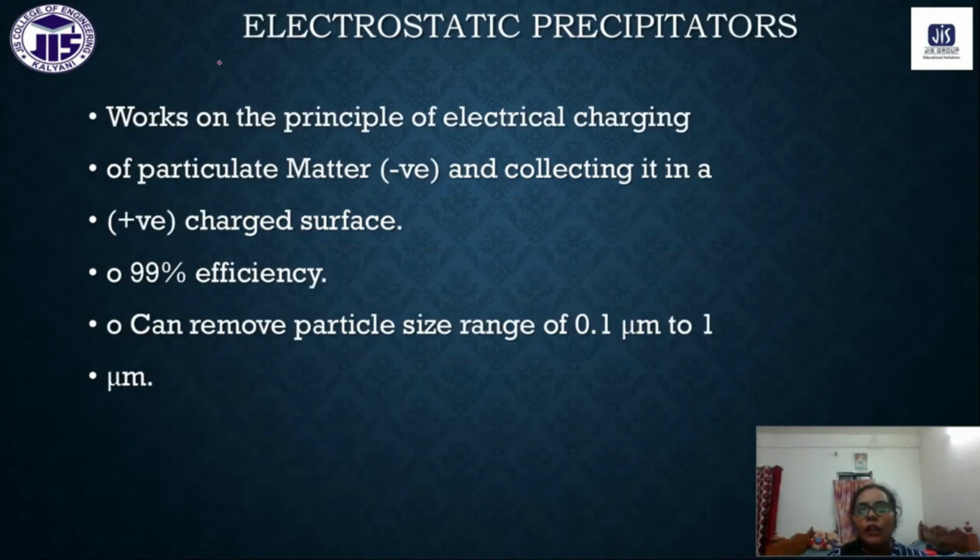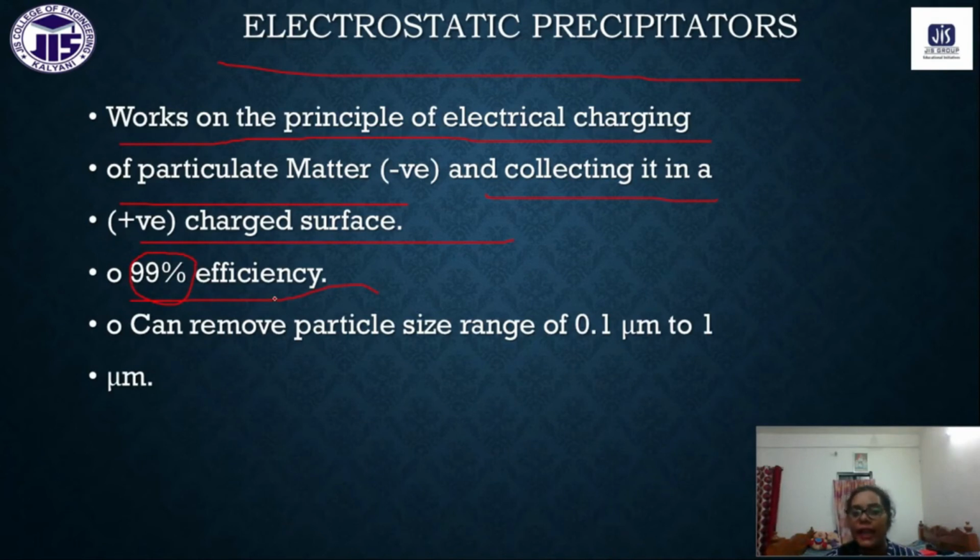Okay, now we have the electrostatic precipitator, very important. So what is the working principle? It works on the principle of electrical charging of particulate matter, which is assumed to be negatively charged, and collecting it on a positively charged surface. It has 99% efficiency.